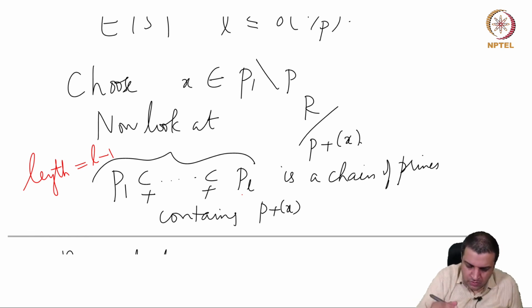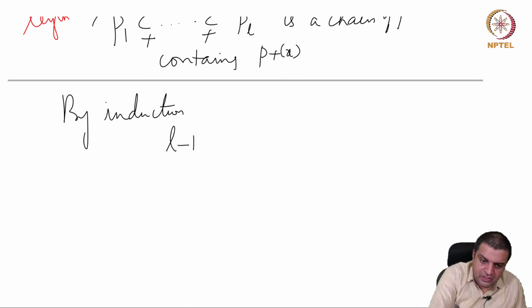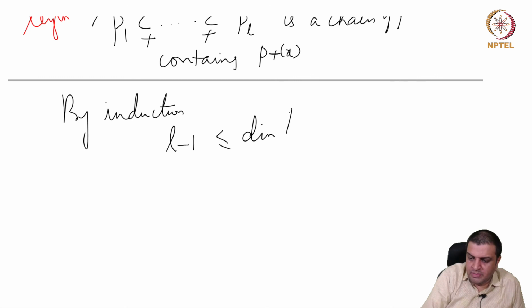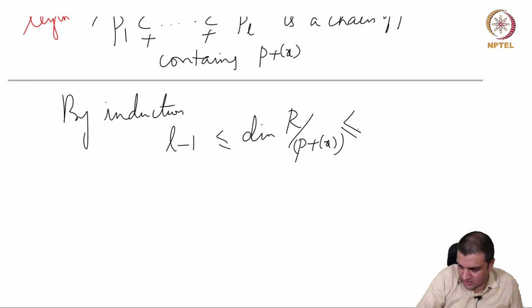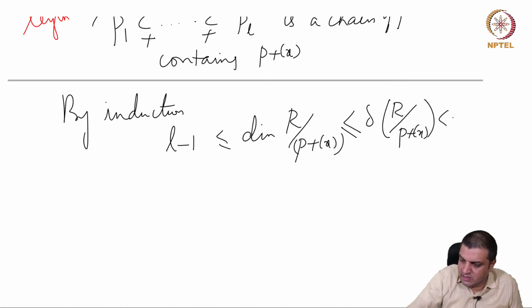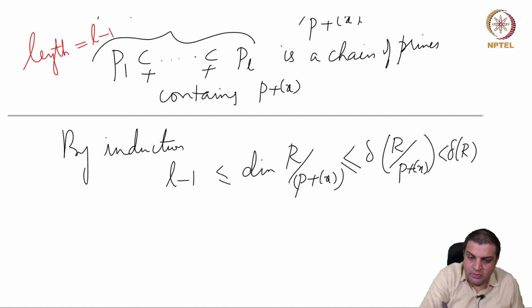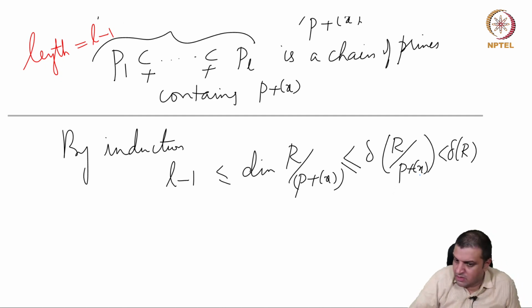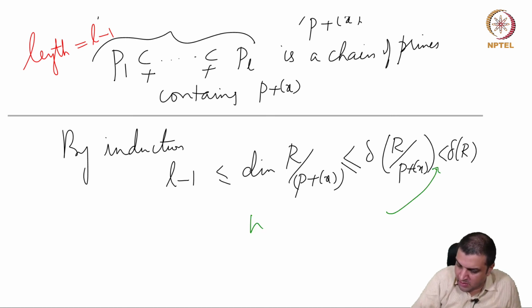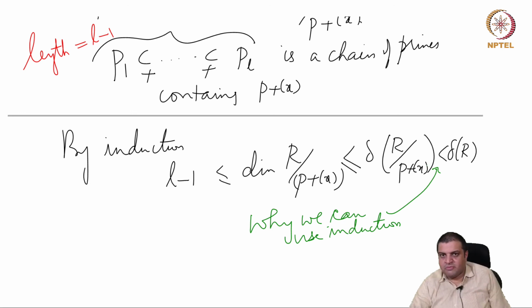So L minus 1 is less than or equal to the dimension of R mod P plus x, which is less than or equal to delta of R mod P plus x, which is less than delta of R mod P. This is why we can use induction: we are working with a module with a smaller delta.